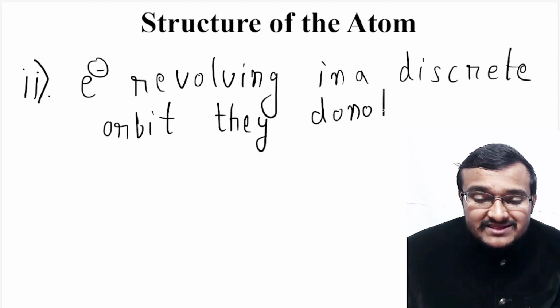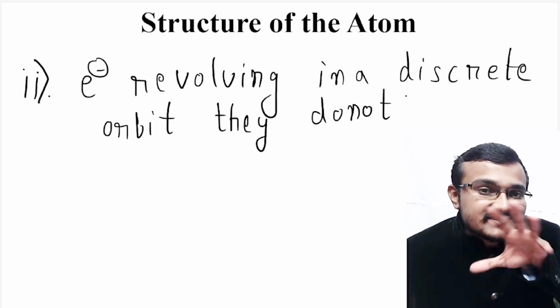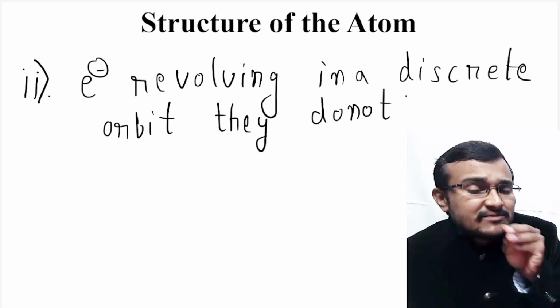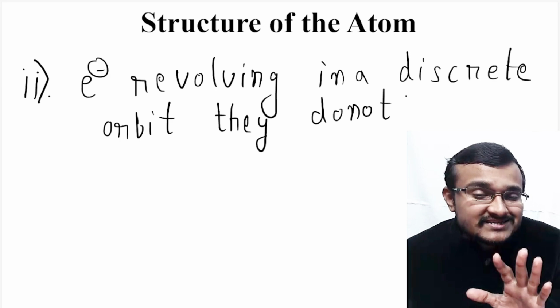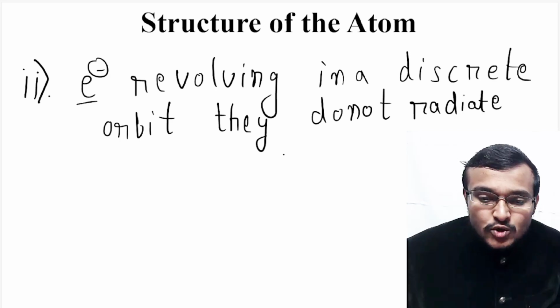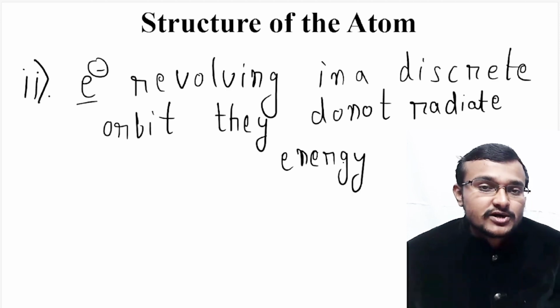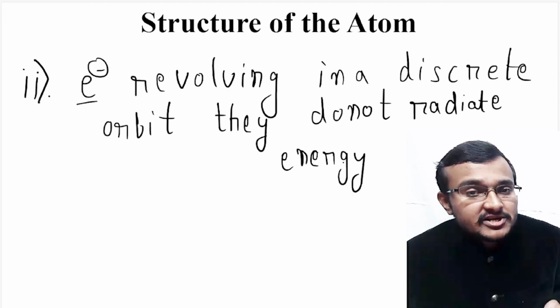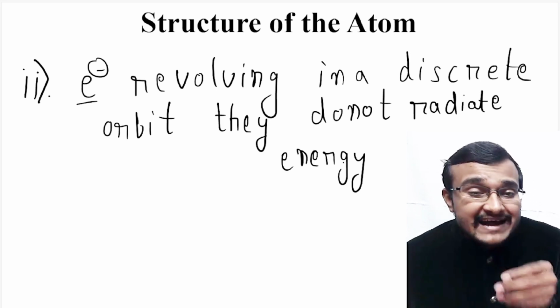When a particular electron is assigned a particular discrete energy level or discrete orbit, the electrons moving in that orbit will not radiate any kind of energy. So when there is no radiation of energy from the electrons revolving around the nucleus, electrons will not lose any energy, hence the stability of atoms is achieved.